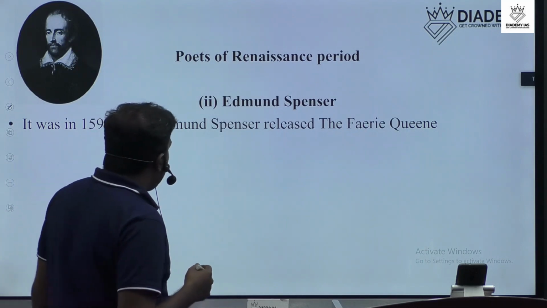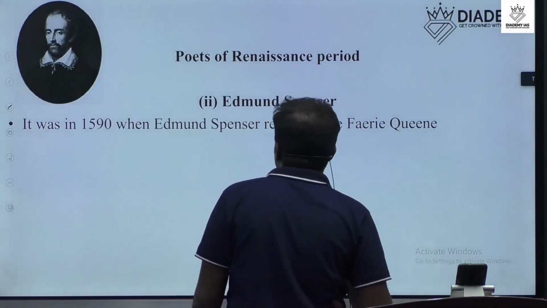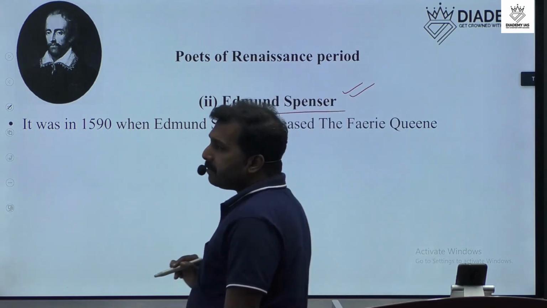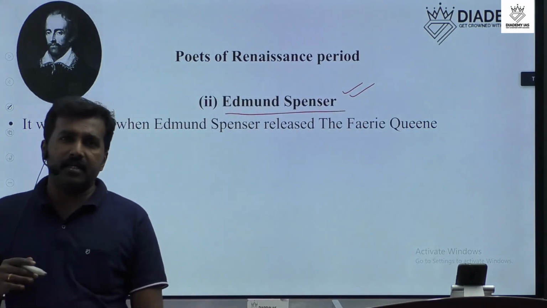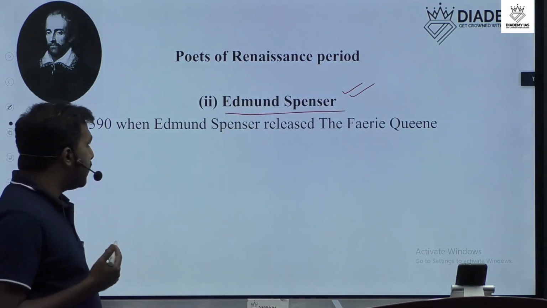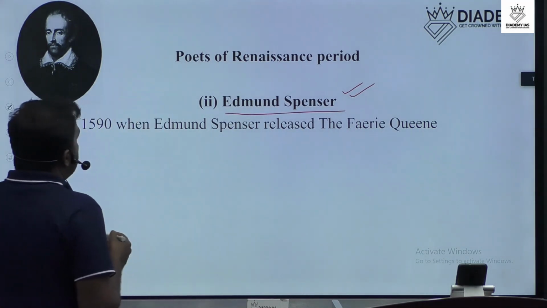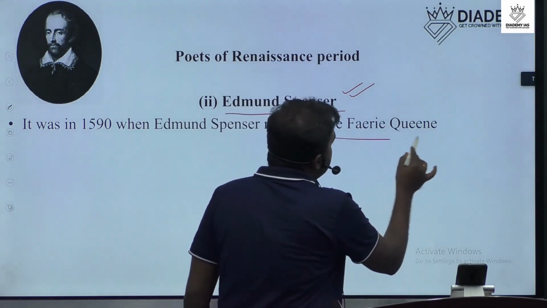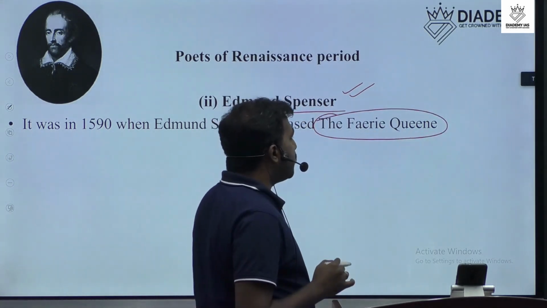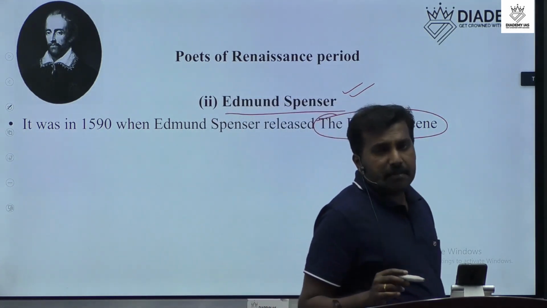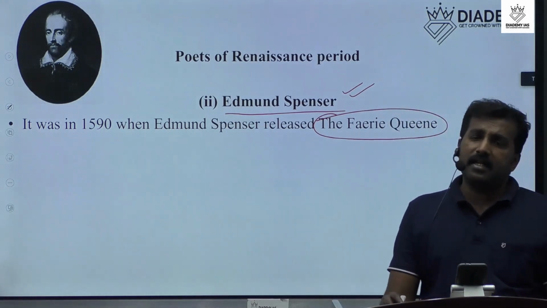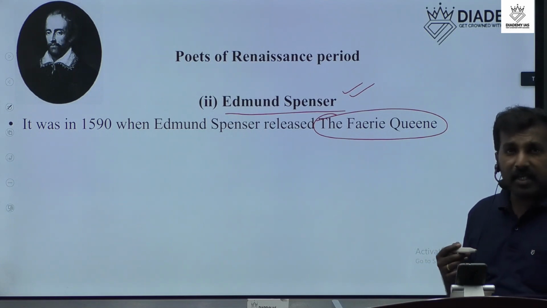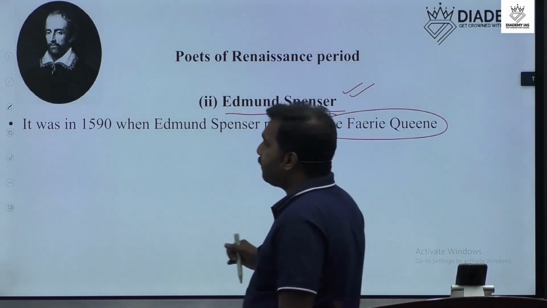Our next important Renaissance writer is Edmund Spenser. The next important writer during the Renaissance Reformation time is Edmund Spenser. He published his important literary work, The Faerie Queene. This work also played an important role in the change of society in England.